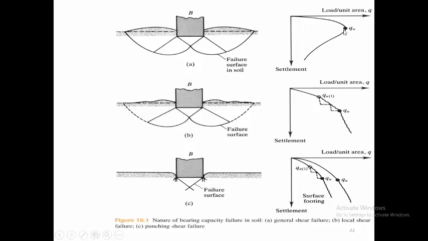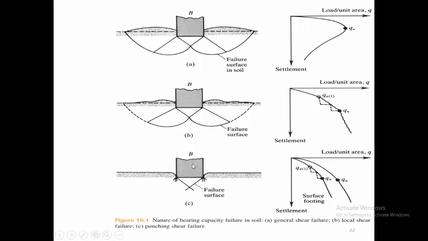Then ultimately it will reduce. In this curve, there will be a direct relationship between the pressure and the settlement. So as you increase the pressure on the soil, there will be equivalent settlement.